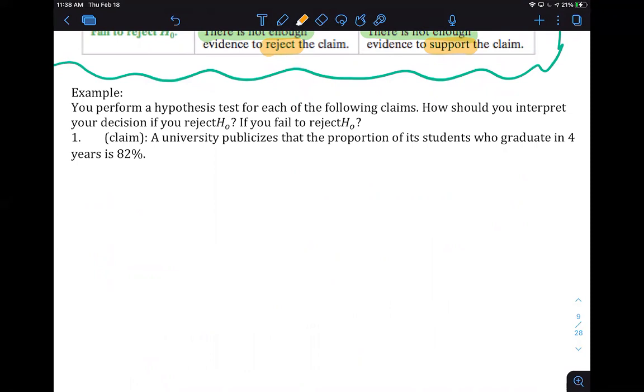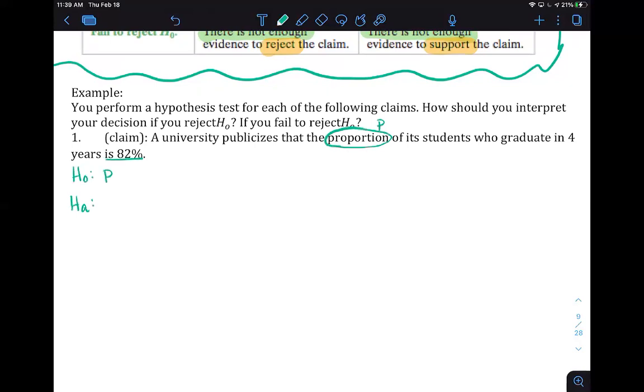So you perform a hypothesis test for each of the following claims. How should you interpret your decision if you reject the null hypothesis or if you fail to reject? First step, we need to state our claim. The university publicizes that the proportion of its students who graduate in 4 years is 82%. So we have our null, we have our alternative. We're looking at proportion, which is going to be p, and is 82%.